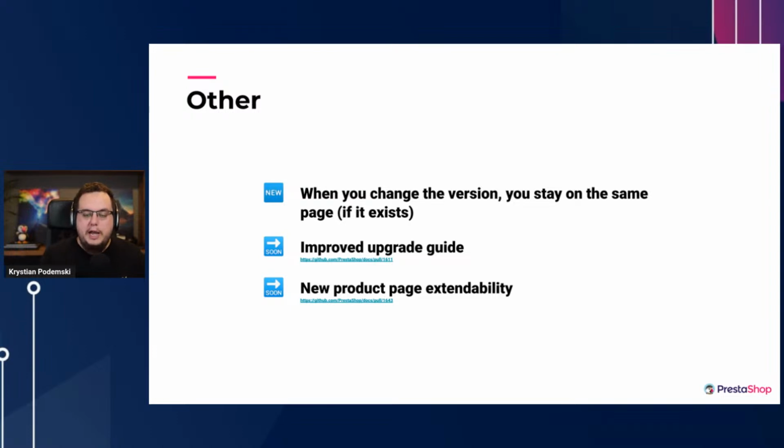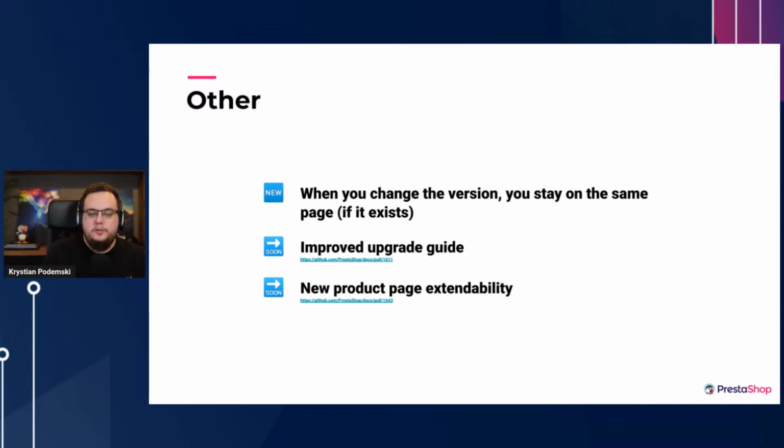This is about how to migrate the hooks that you could use on the old product page, versus how you could implement those hooks that were removed from the old page using new ones that were added to the new product page.